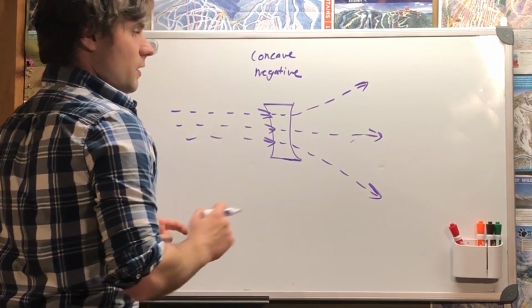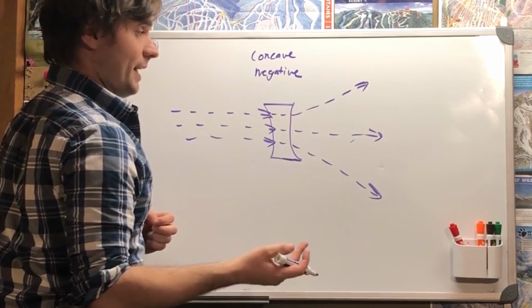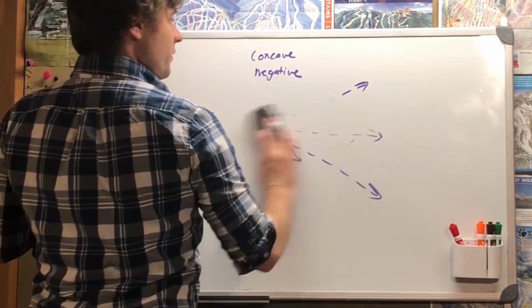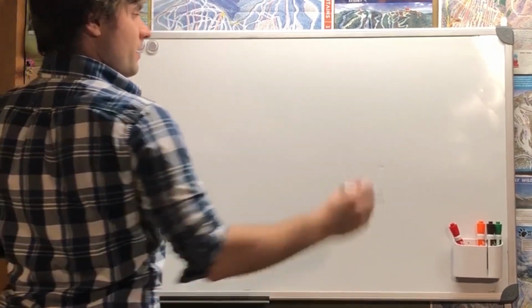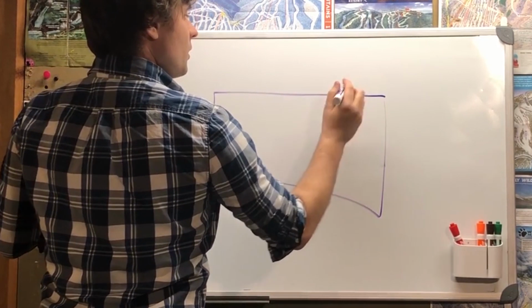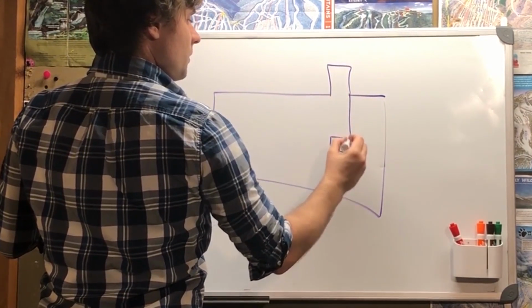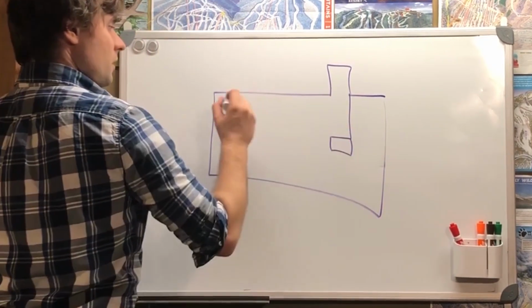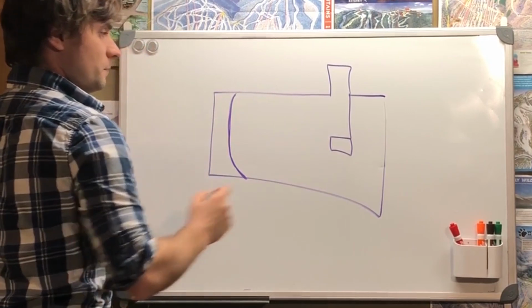All right? So now an analog to this, while it isn't quite a lens, is in the reflector telescope. You have a concave mirror in the back. And basically, you have your reflector telescope, your eyepiece right here, your secondary mirror right there, and your concave mirror in the back.